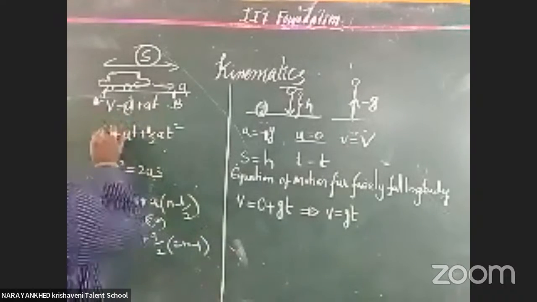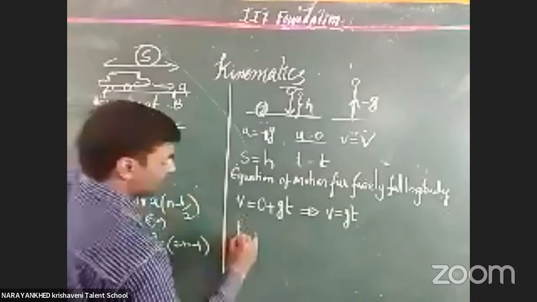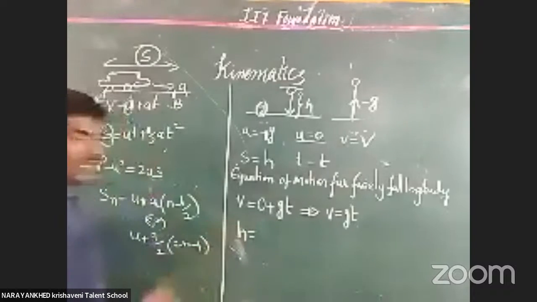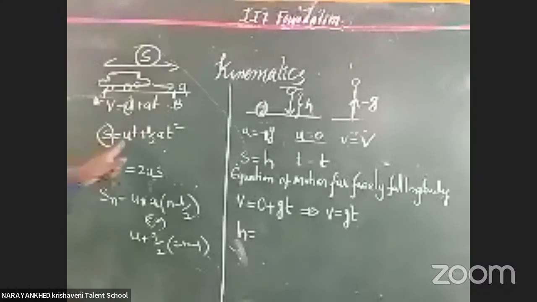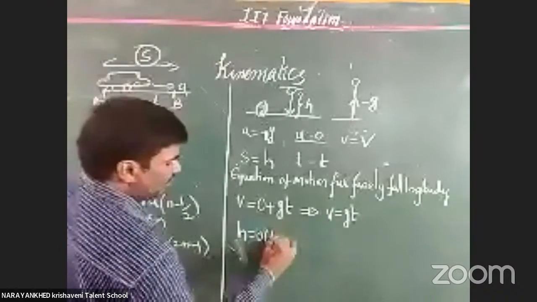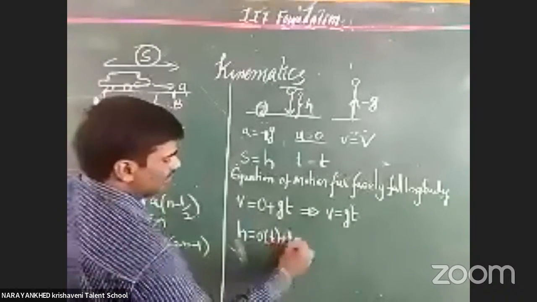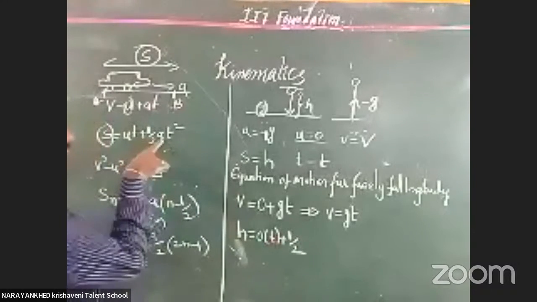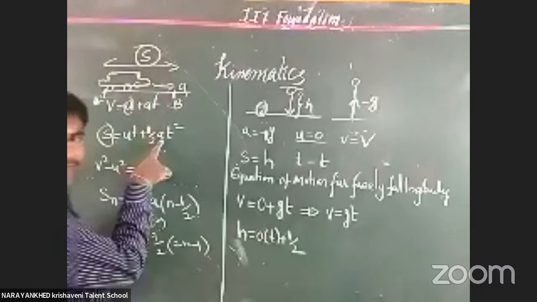What is the s here? h. And what is the u value? 0 here. 0 into t plus half, what is the a we have to write? g.